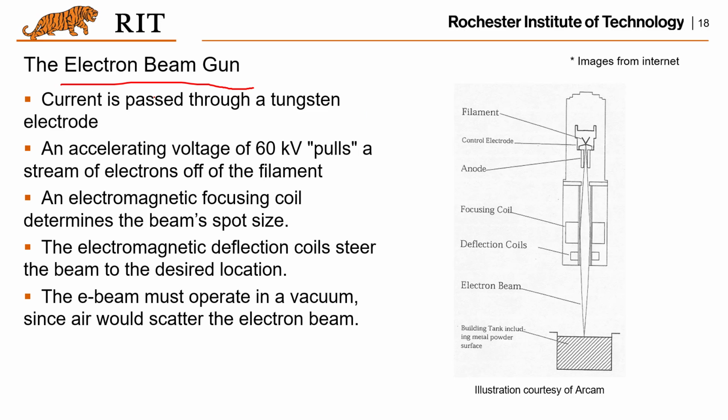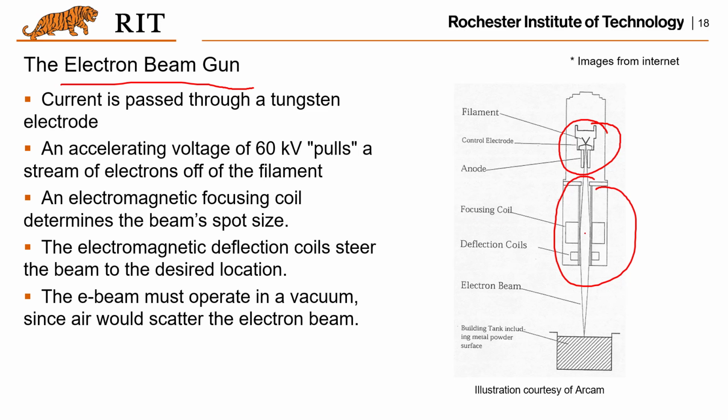Basically, the current passes through a tungsten electrode, and high voltage drives the electrons and makes them pass through this part.